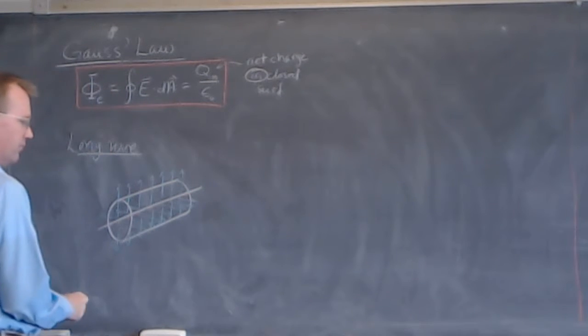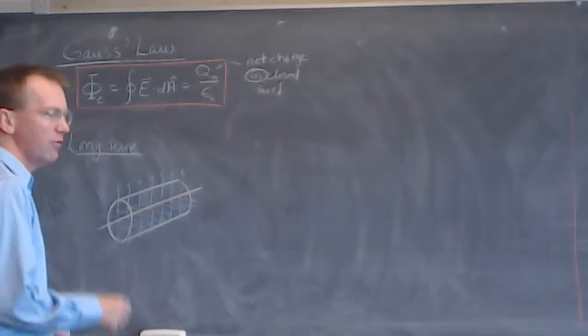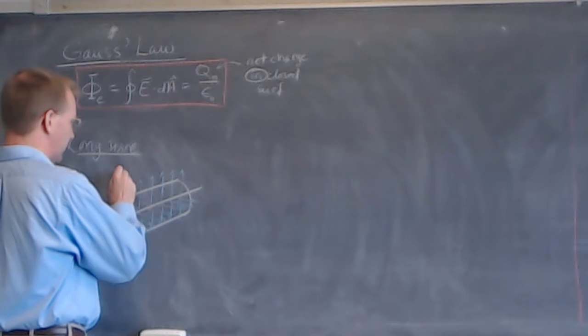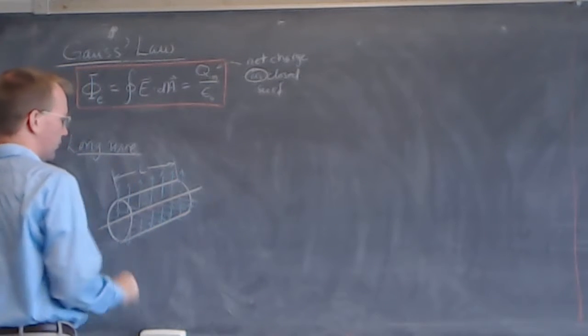is a cylinder. Now I've drawn edges to it here, and since we need to do this over a finite space and then extend it, I'll make this be a cylinder of length capital L, like that.